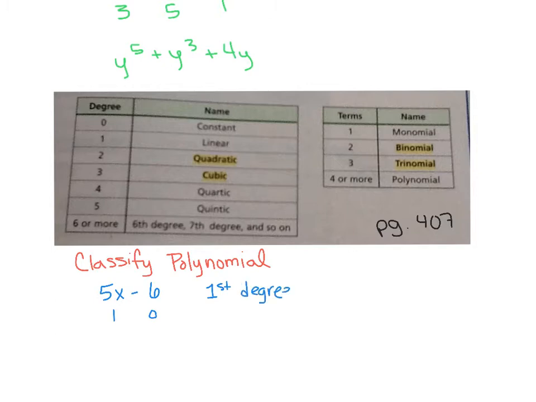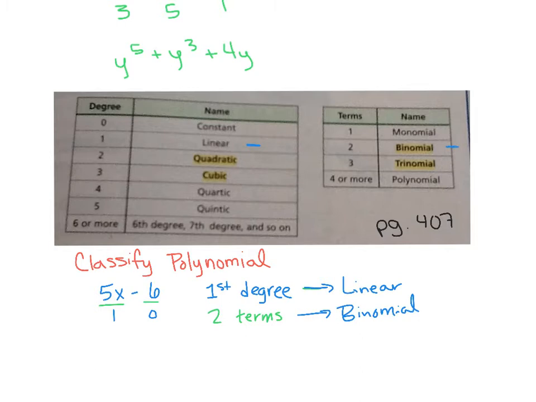And it has 1, 2 terms. So then if you look up at that table, a 1st degree is linear, and 2 terms is a binomial. And we got that from here and here on those.